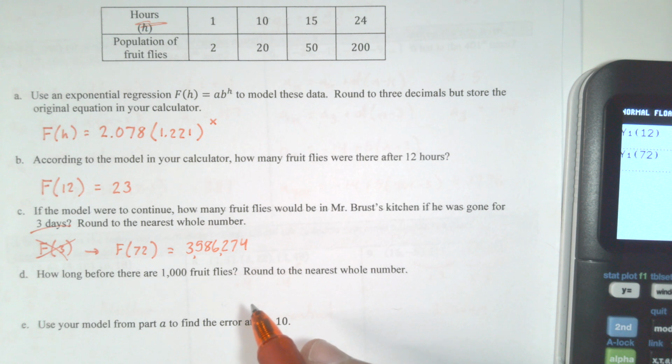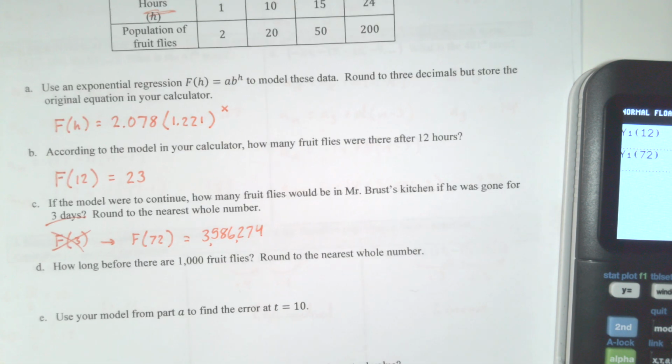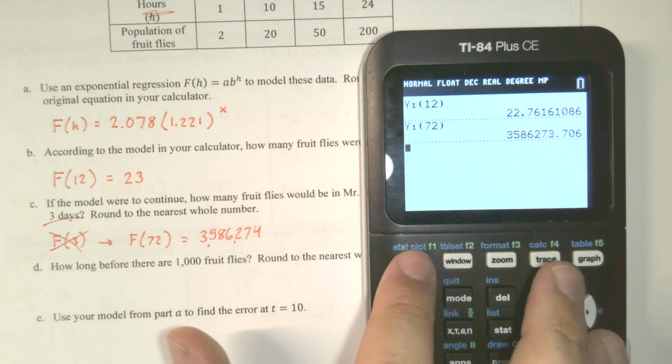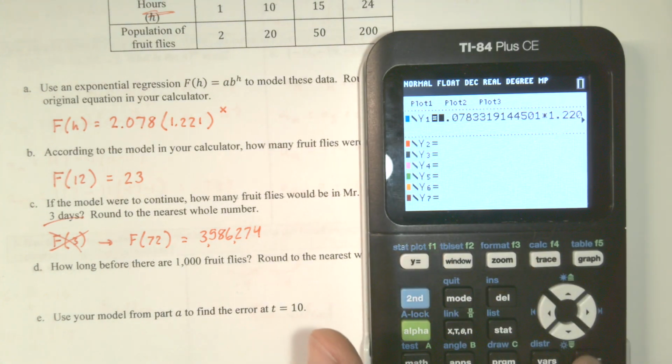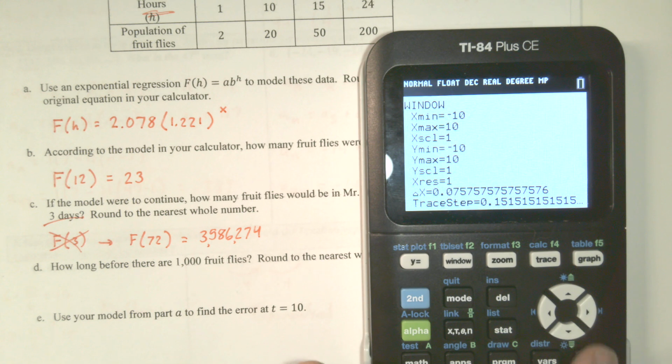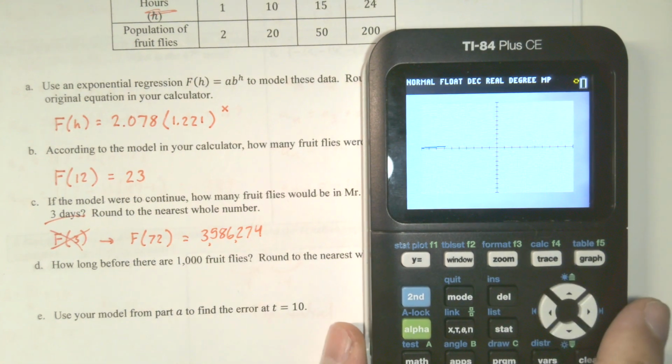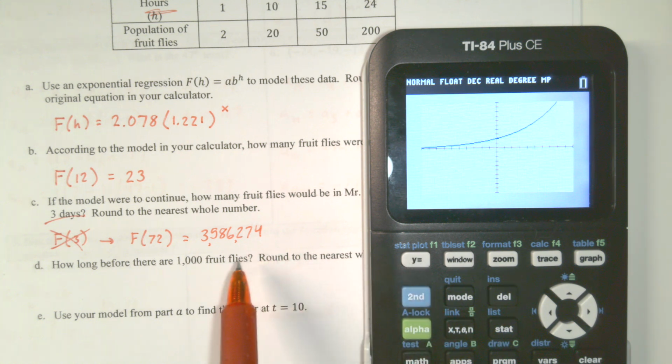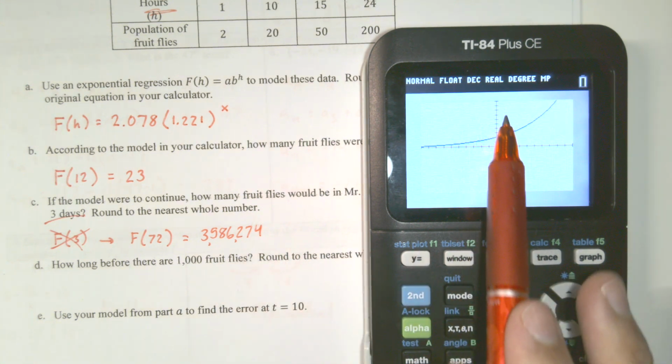Now, how long before there are 1,000 fruit flies? So this is where we have to go into y equals, and we're going to put into a second function 1,000. In our standard viewing window, if we try to graph this, our exponential function does that, but y equals 1,000 is going to be 1,000 units up on our y-axis.